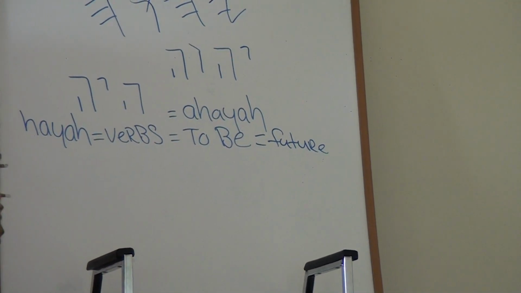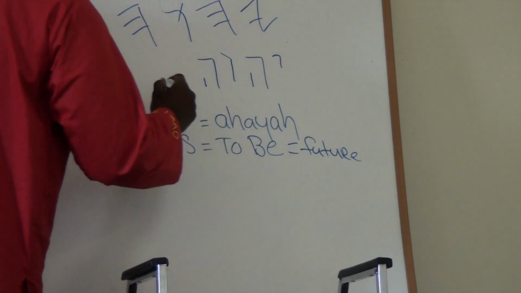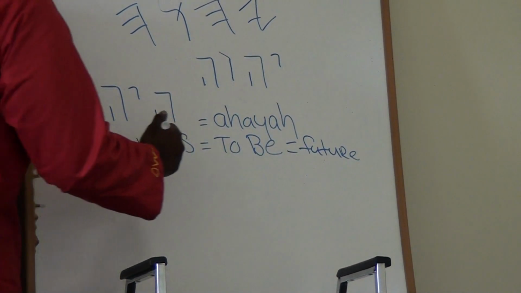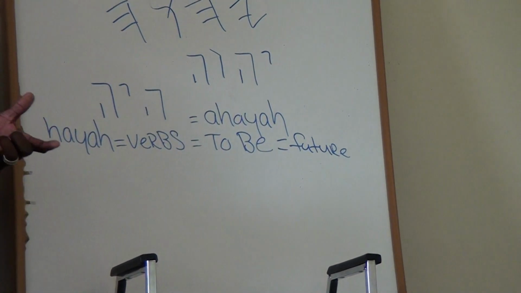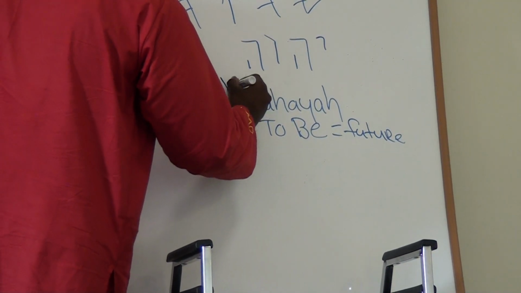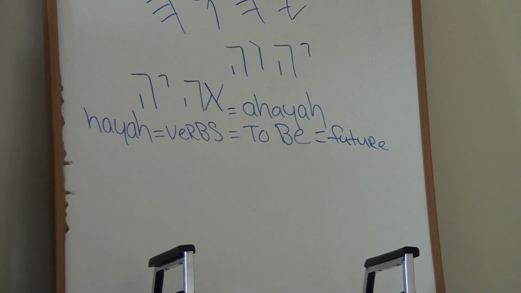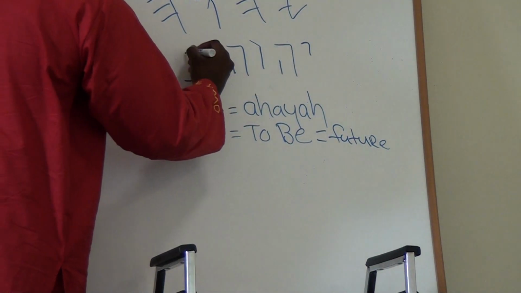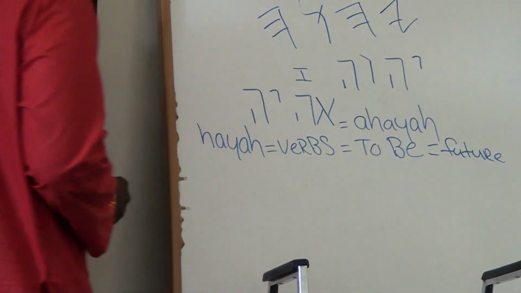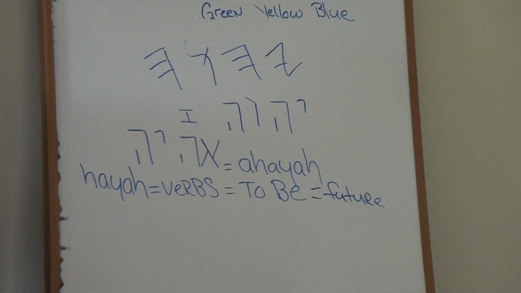It's not complicated, but whenever you add, because you can add and drop letters in Hebrew, a prefix, that is Hayah. That means I. Whenever you see an aleph in front of a word, it says I am, or I will exist, or I will be.